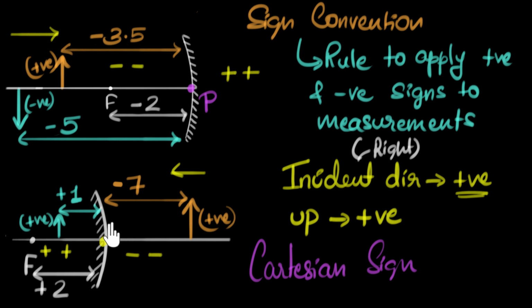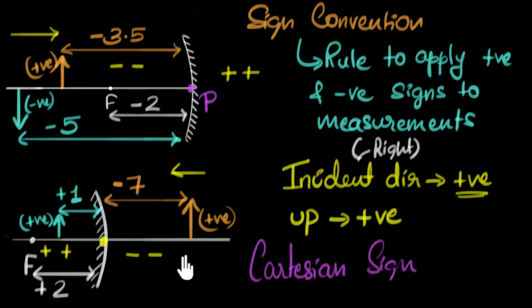They will always recommend you make sure that your object lies on the left side of the mirror. So we have to flip this whole image. Then we can always choose right side as positive, which is what we do usually in any graph. So it's more aligned to the graphical system. Now you can follow that obviously, but in general, what I like to remember is you draw however you want, just take incident direction as positive. Anything you follow, it's pretty much the same thing.